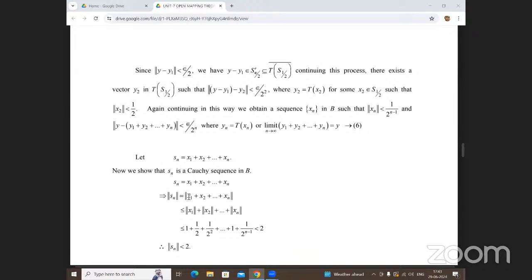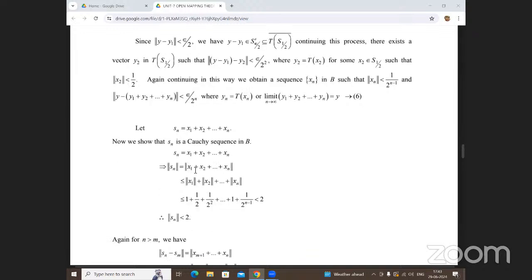Applying the norm on both sides, norm Sn equals norm of x1 plus x2 plus so on plus xn. This cannot exceed, that is, it is less than or equal to, the sum of the individual norms, by the triangle inequality: norm x1 plus norm x2 plus so on plus norm xn.